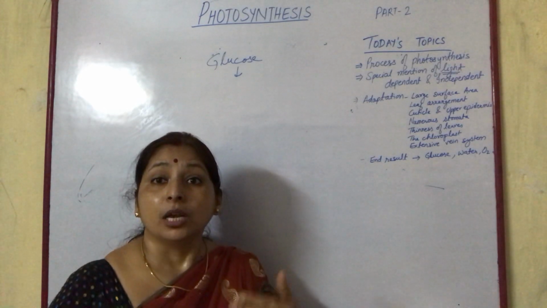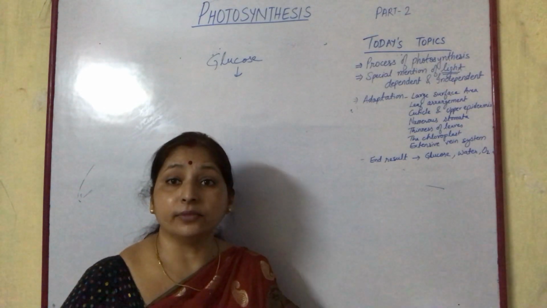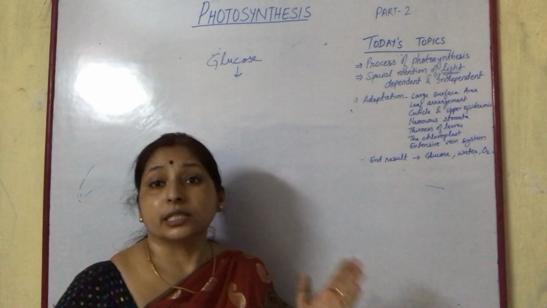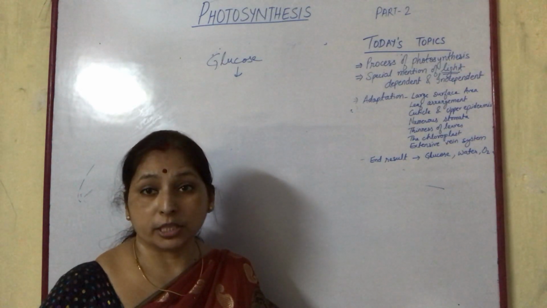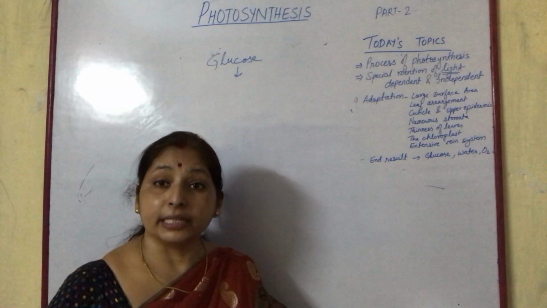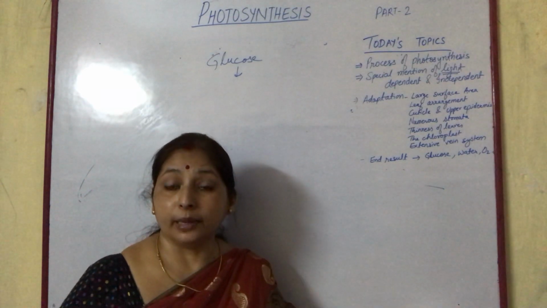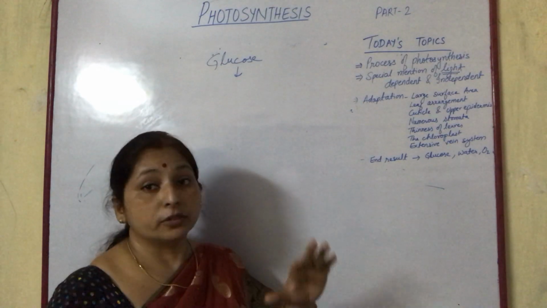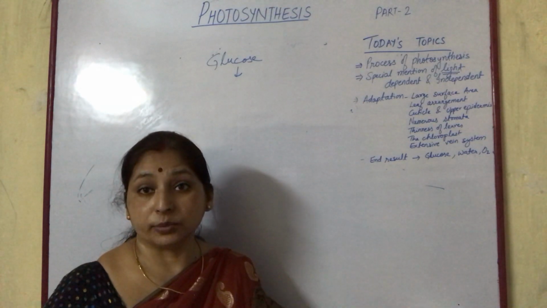But the excess of glucose is stored in the form of starch by polymerization, or forms the disaccharide sucrose, or it may be utilized in the formation of proteins and other substances.